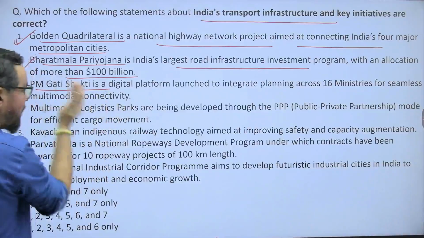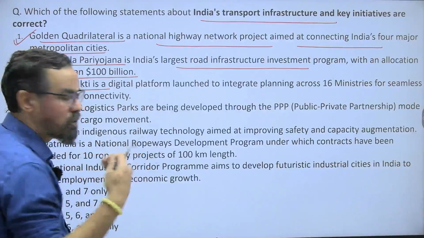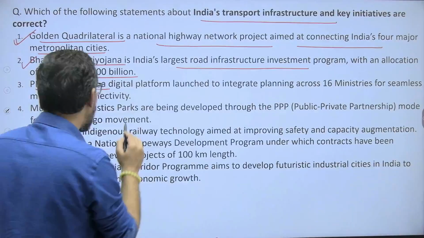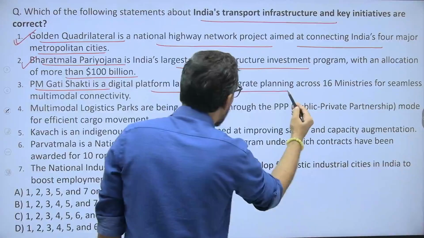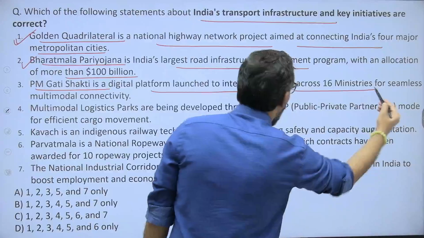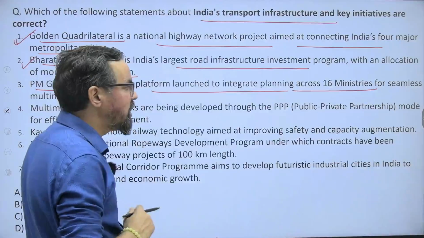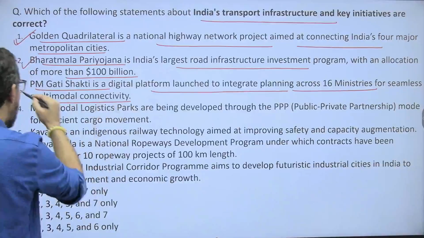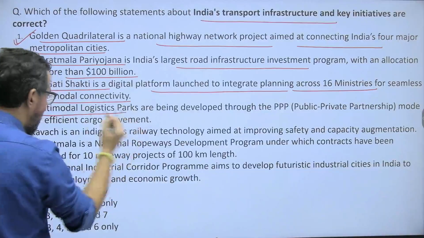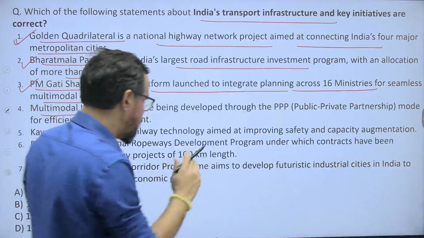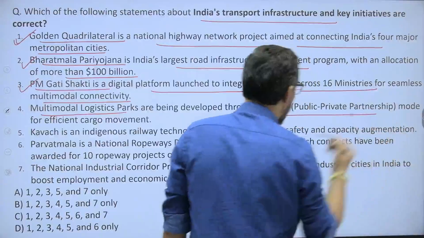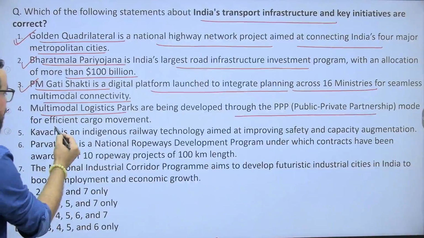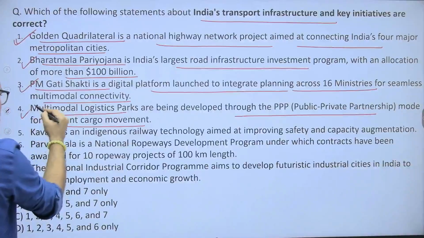PM Gati Shakti, from the last-to-last year's budget, not the interim budget, is a digital platform launched to integrate planning across 16 ministries for seamless multi-modal connectivity. Multi-modal logistics parks are being developed through public-private partnership mode for efficient cargo movement.